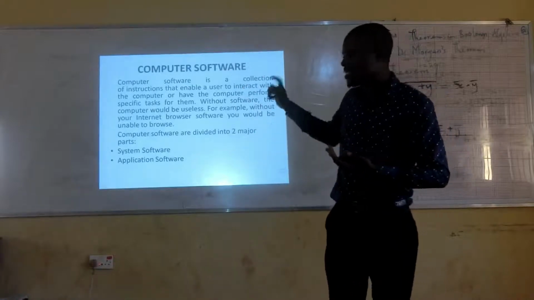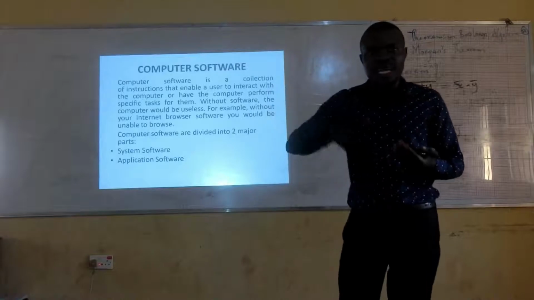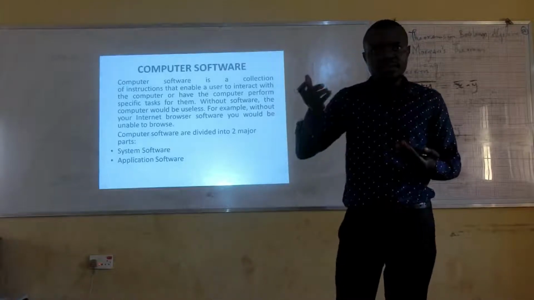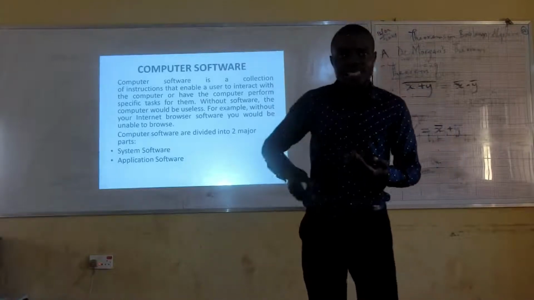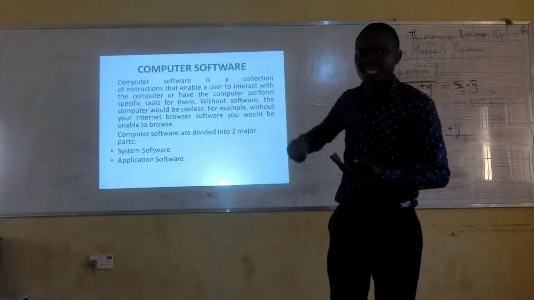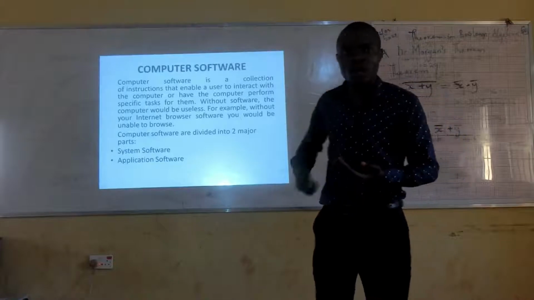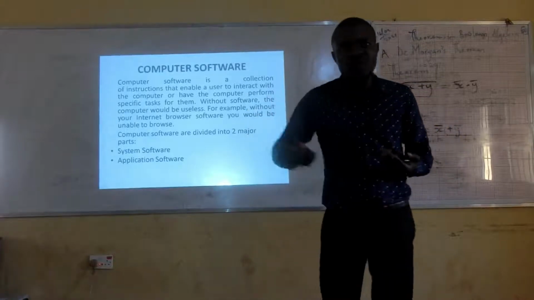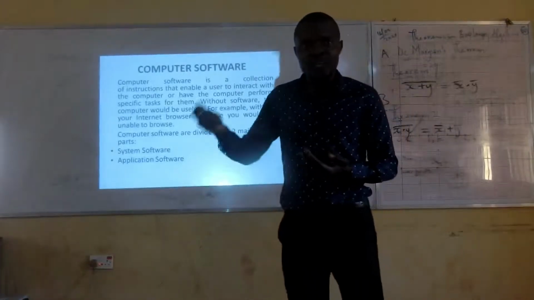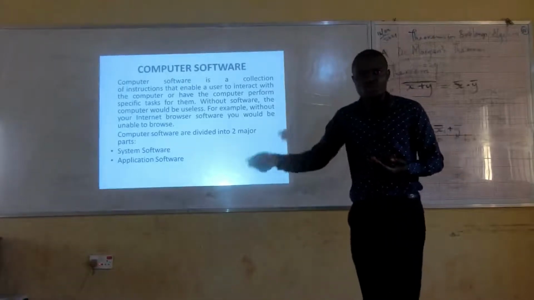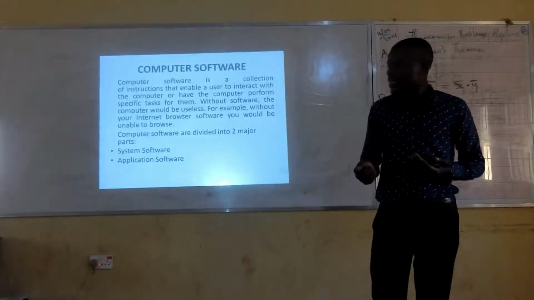Meaning that the system software just put the computer in functioning. It allows the computer itself to function. So if the user needs to use the computer, the user now needs to install some application software based on the kind of operation the user needs to perform on the system.